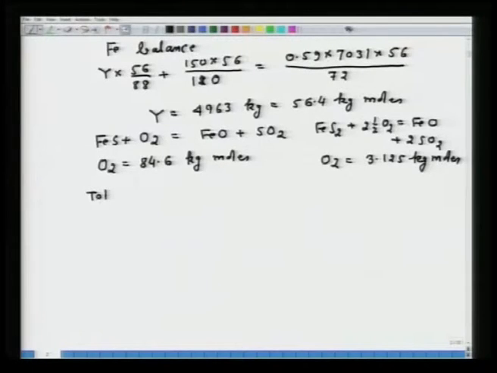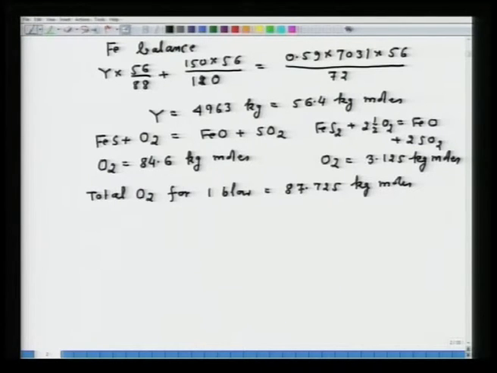So, total oxygen for one blow is equal to 87.725 kg moles.